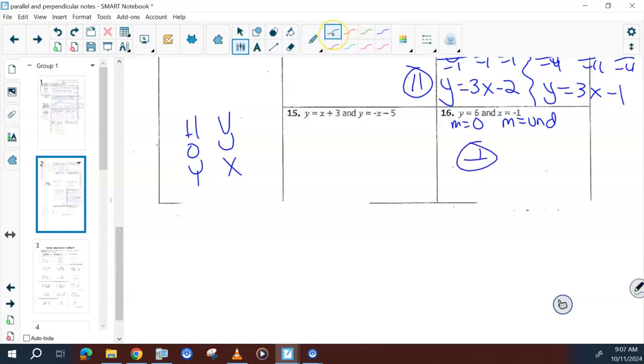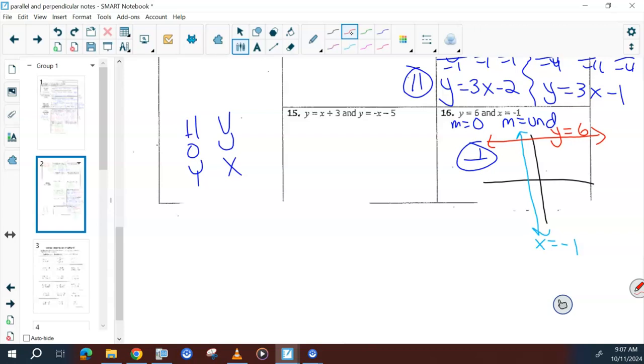Now I'm going to draw a visual of this so you see what it looks like. You can do this if you want, you don't have to. Because I have that vertical line and that horizontal line, those are always going to be perpendicular.